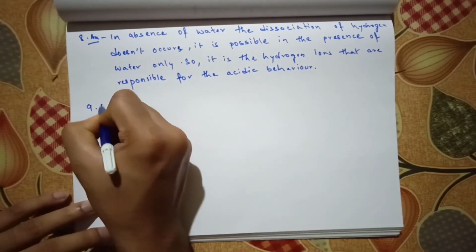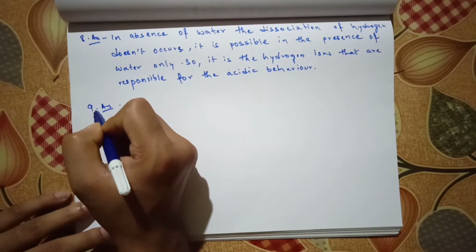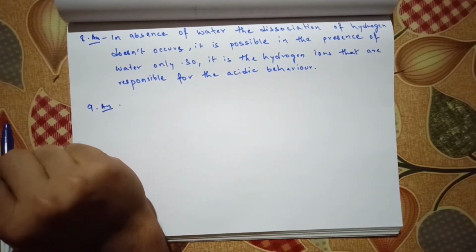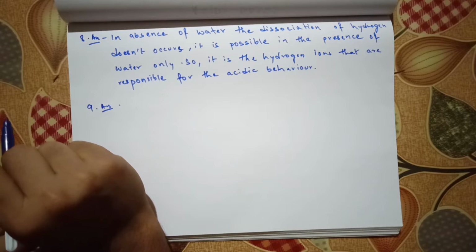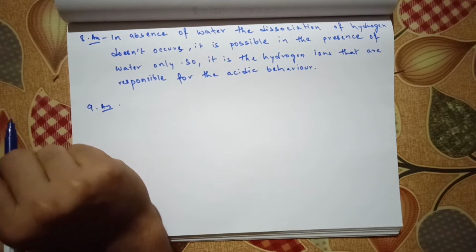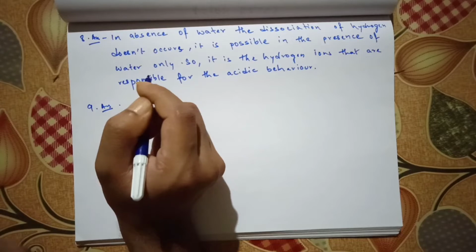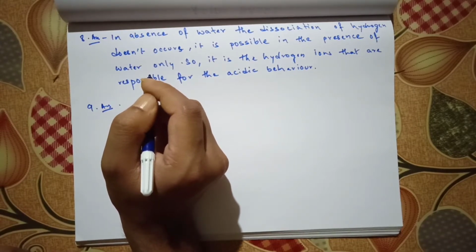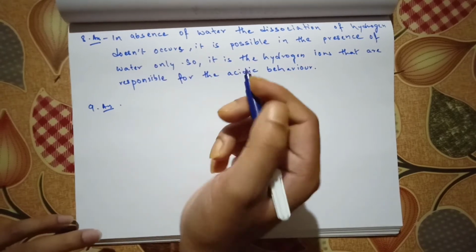So the next question is, question 5: solutions A, B, C, D and E, when tested with the universal indicator, show pH as 4, 1, 11, 7 and 9 respectively. Which solution is which?